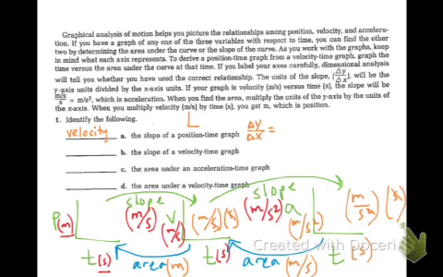Position versus time. So we've got our meters and our seconds, so we've got meters per second, which would be our unit. The slope of a velocity versus time graph. So meters per second is going to give us meters per second squared. So that's going to give us our acceleration.